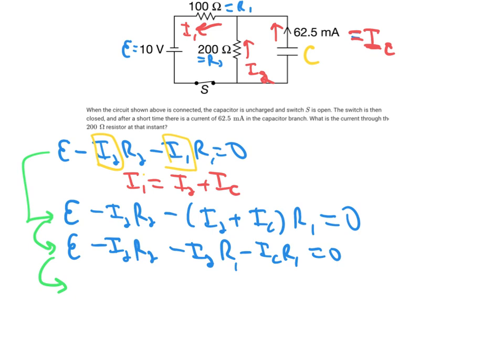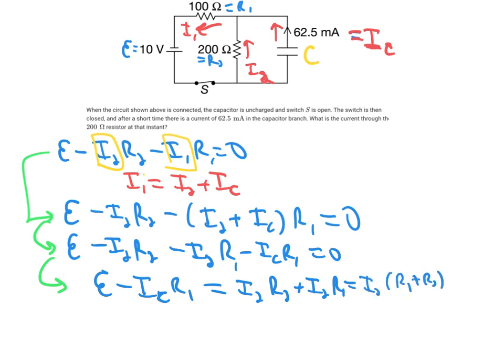So we're left with the EMF minus I capacitor times R1 on one side, and I2 R2 plus I2 R1 on the other side, which of course I'm going to factor out as I2 times the sum of the resistors, which gives me that I2 should be the EMF minus the current through the capacitor times the resistor 1 over the sum of the resistors.